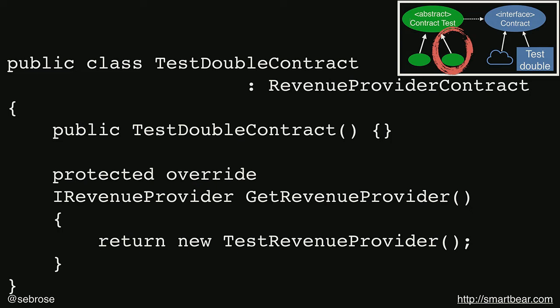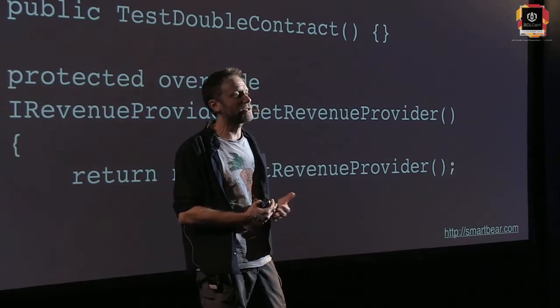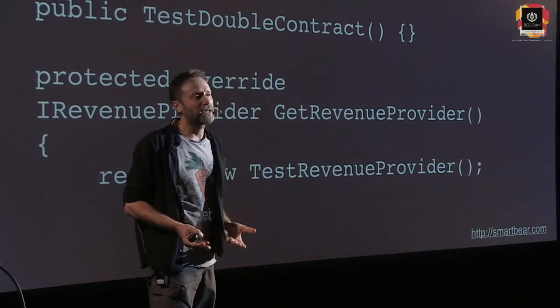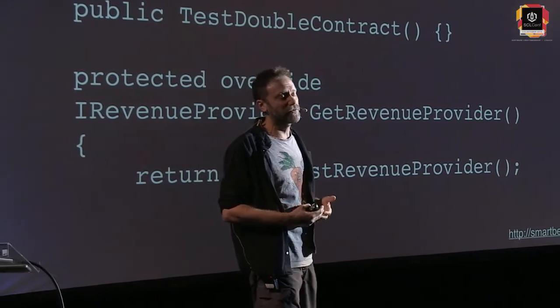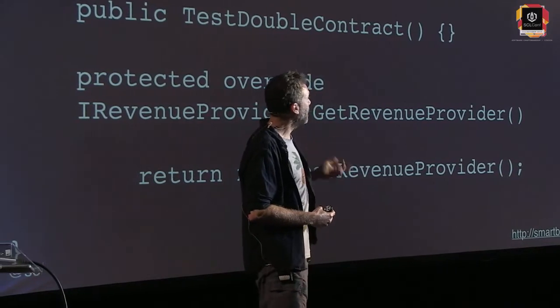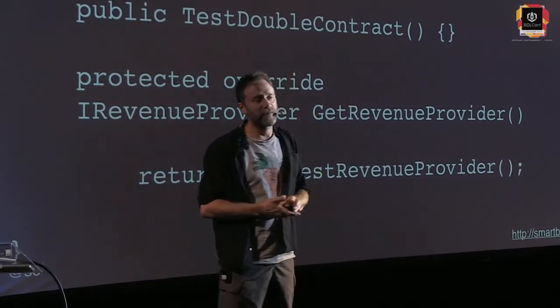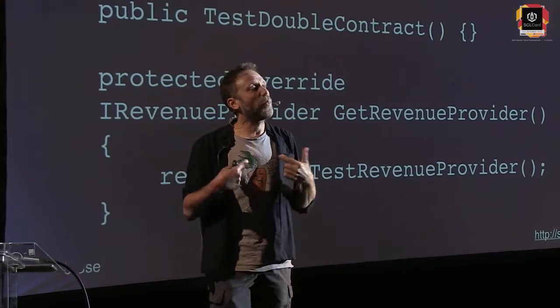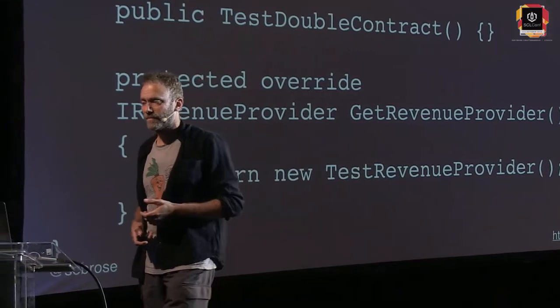What we've got here is one contract defined in an abstract test fixture with two derivations of that, each of which simply provides an implementation of the interface through which you're going to access your dependency. And in this way, you're able to test both the test double and the dependency that you're stubbing out with the same tests, without having to write anything twice.